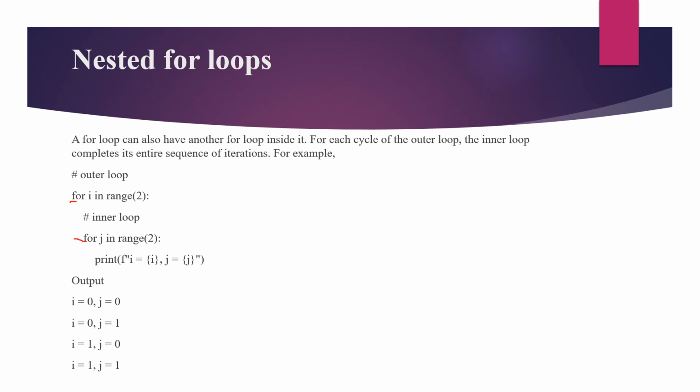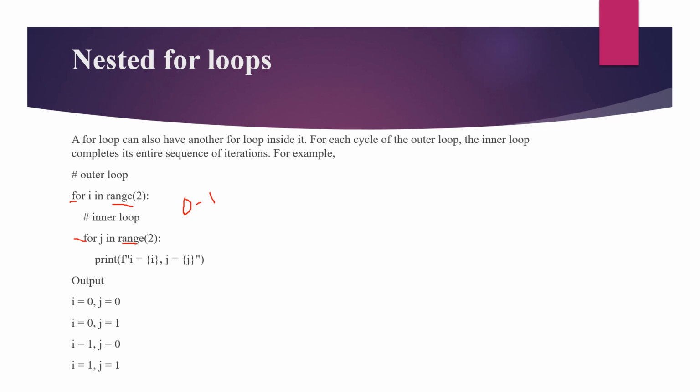This example basically uses the range function. See, range equal to 2 means 0 to 1. It starts the iteration here: i equal to 0, then it will come to this, j equal to 0.